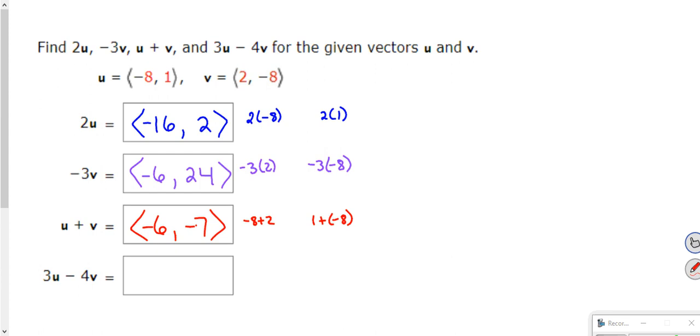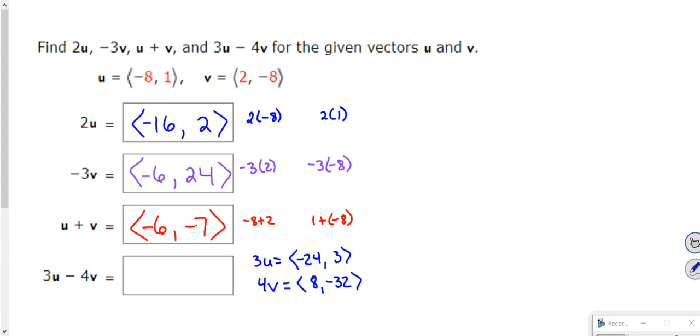Well, let's first figure out what 3u would be. So 3u, again, just going to go ahead and multiply each of those by 3. You'd have -24 and 3. And 4v would give you 8 and -32.